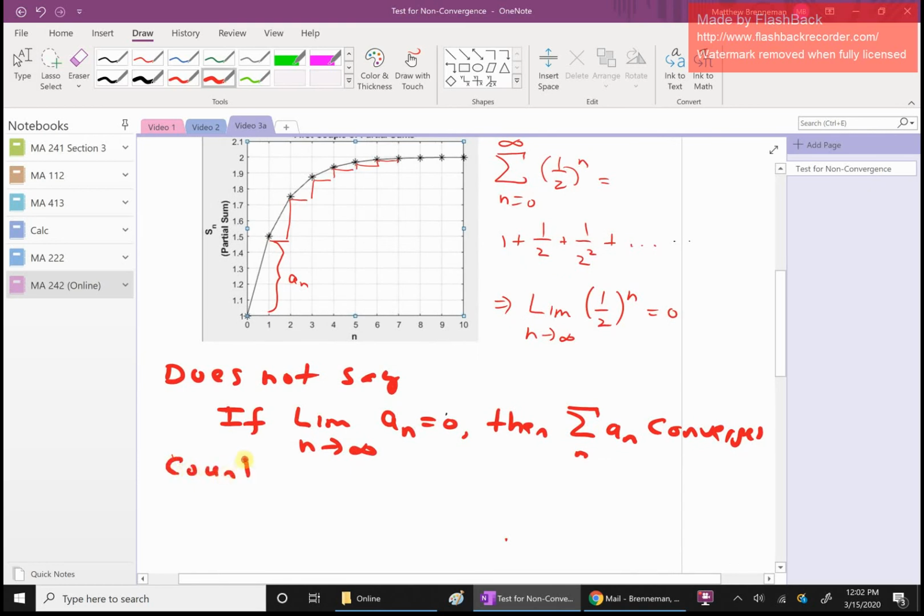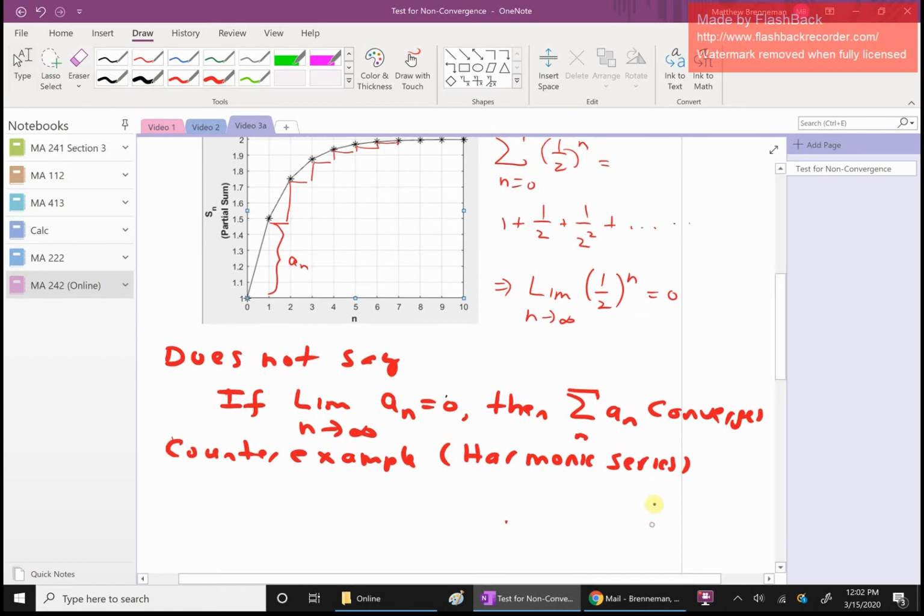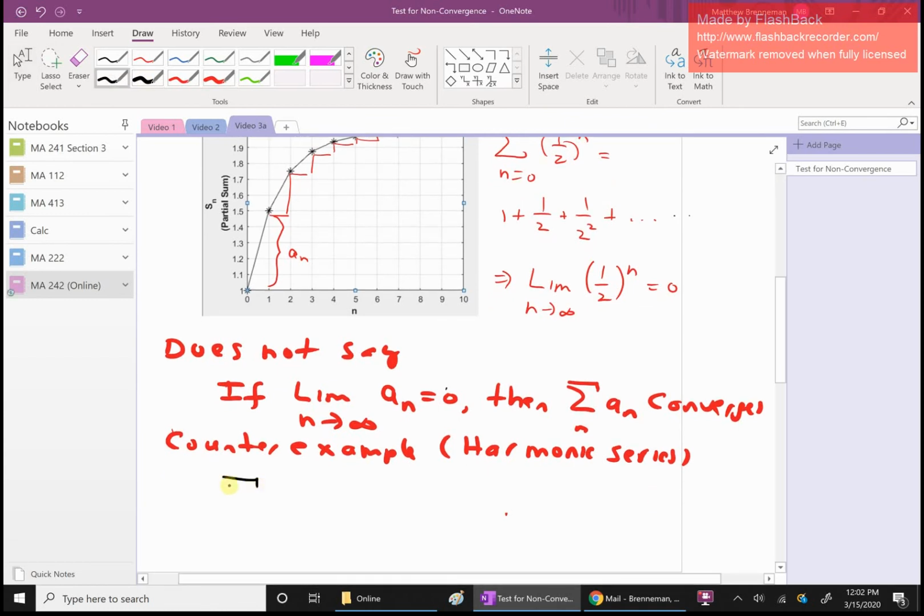This counterexample is known as the harmonic series, which we're going to talk about more when we get to the integral test. And the harmonic series is the series from n equal 1 to infinity of 1 over n.